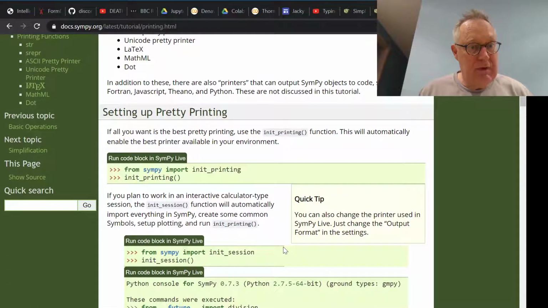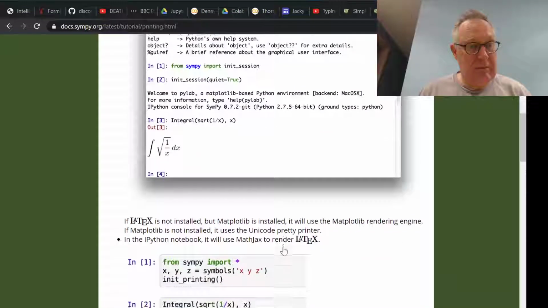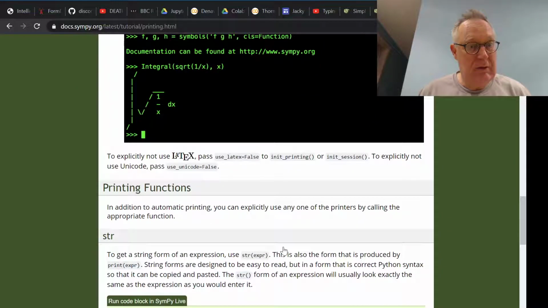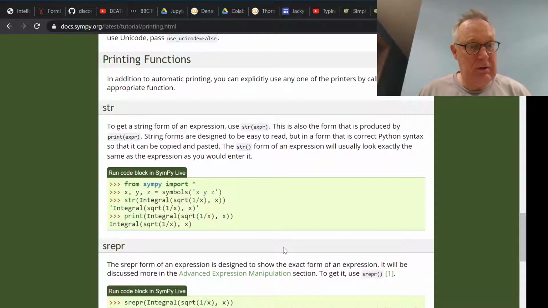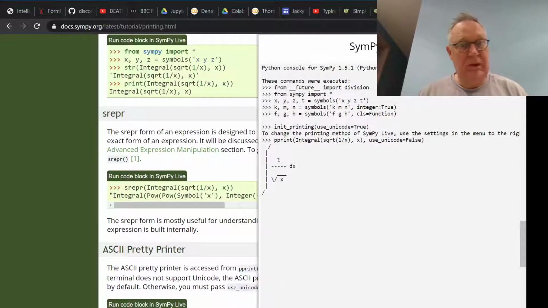Init printing. Integral string. Pprint. Okay. Let me try that.